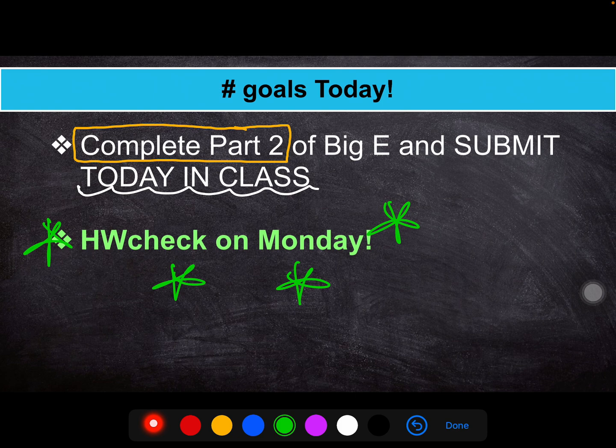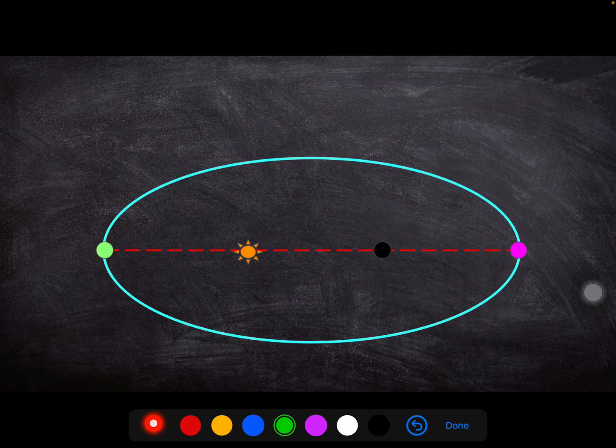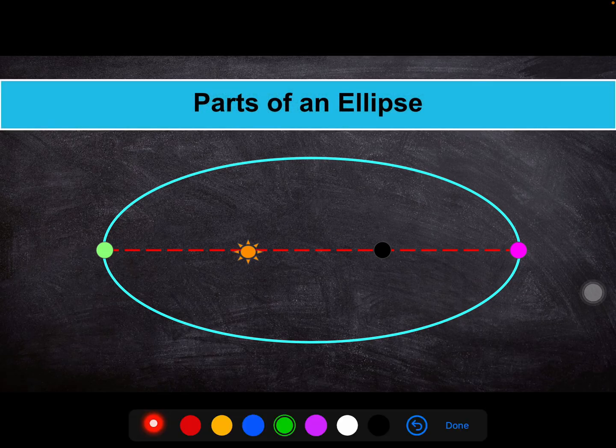So yesterday we spent some time creating 2 elliptical diagrams. An ellipse is of course a fancy space word for oval, right? We're thinking about shapes that are close to a circle but have been elongated. So that is our elliptical shape. So this blue line right here is looking at our ellipse. And when we drew our ellipse yesterday, we had in our diagram 2 foci, 2 focus points, right?